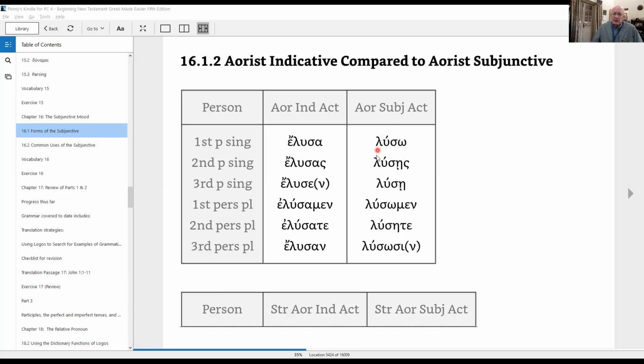It does not necessarily tell us when, whether past or present or future, something took place. More, it tells us the kind of action. Was it a one-time occurrence, or was it a continuous occurrence? That's oversimplifying, but that could be the difference between the present subjunctive, continuous, progressive, and the aorist subjunctive.